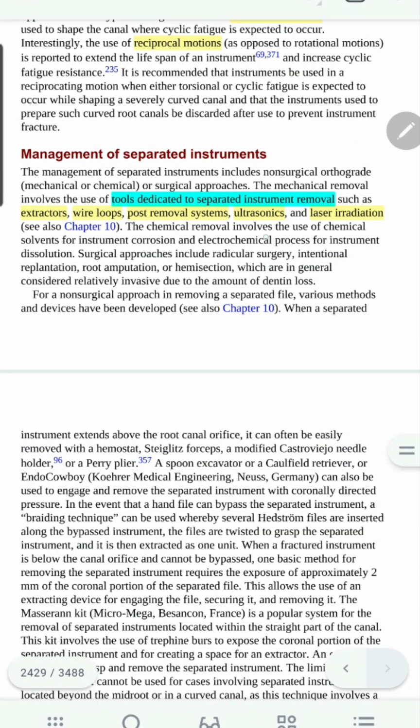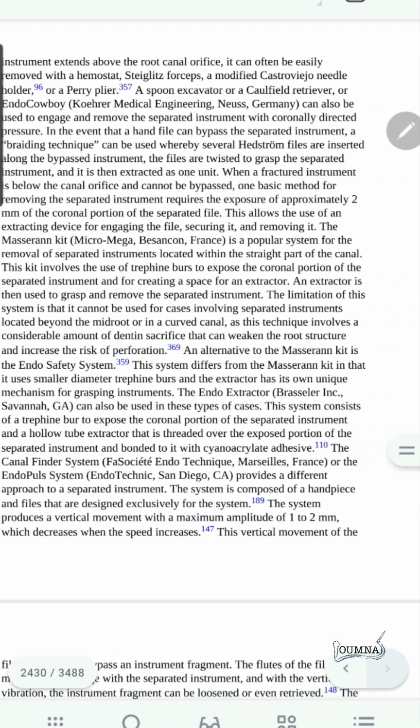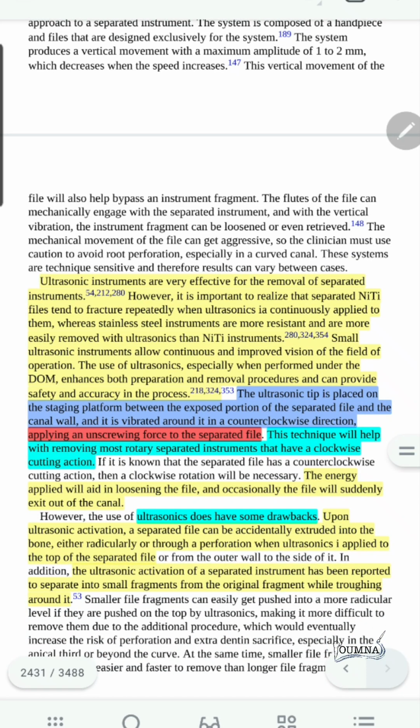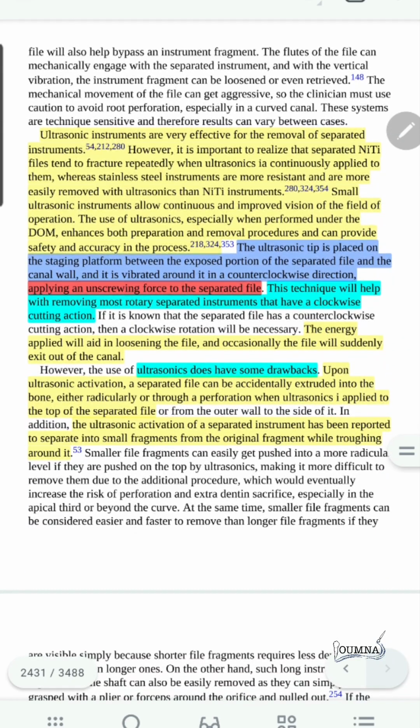There are many ways to retrieve the file, like extractors, wire loops, post-removal systems, and ultrasonics. The author here shows us many techniques, and in the end each dentist can follow the technique that he finds appropriate and easy. Let's start with the ultrasonics.